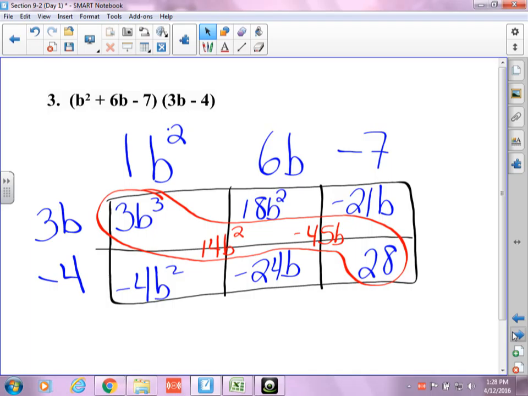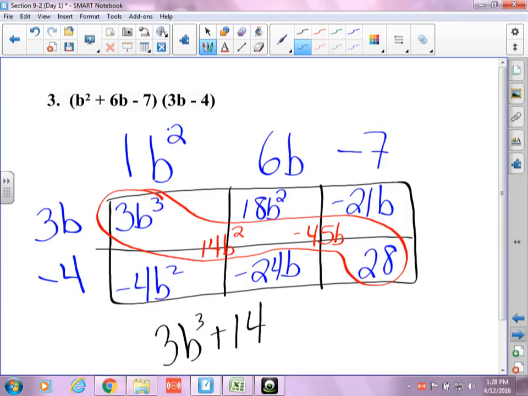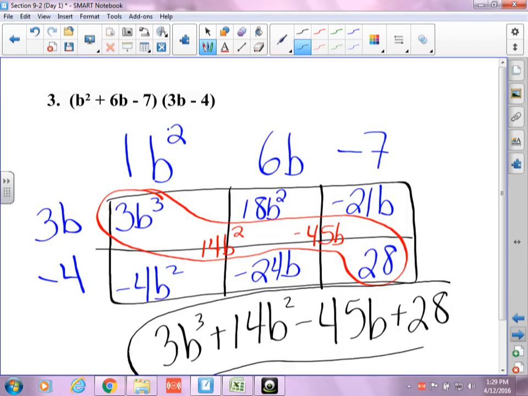And then you write your answer. So I get 3b cubed plus 14b squared minus 45b plus 28. And I'm done.